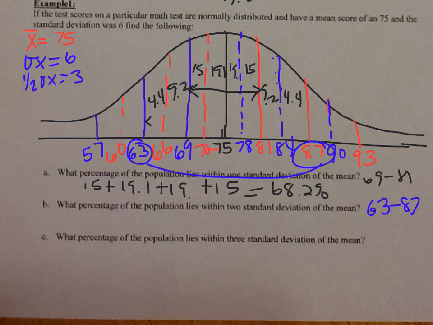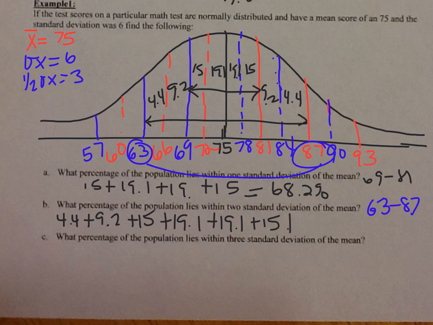I'm going to add from 2 standard deviations to 2 standard deviations. 4.4 plus 9.2 plus 15 plus 19.1 plus 19.1 plus 15 plus 9.2 plus 4.4, and that is 95.4% of the scores lie between 63 and 87.